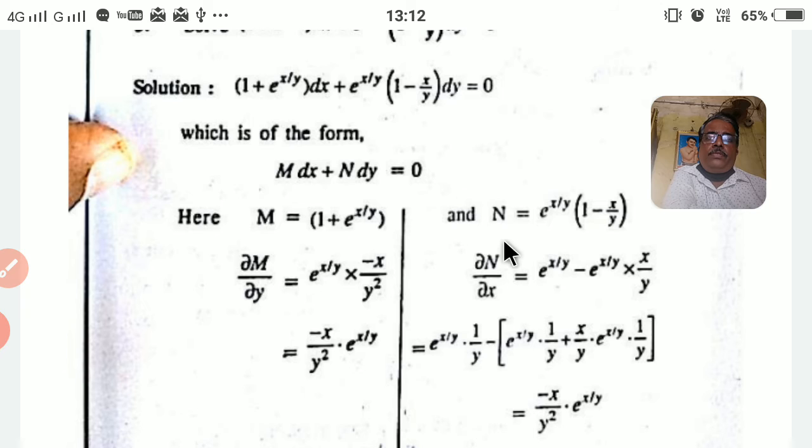Now take the N term, then differentiate N with respect to x, which means the y term is constant. Here we have to apply the product rule.